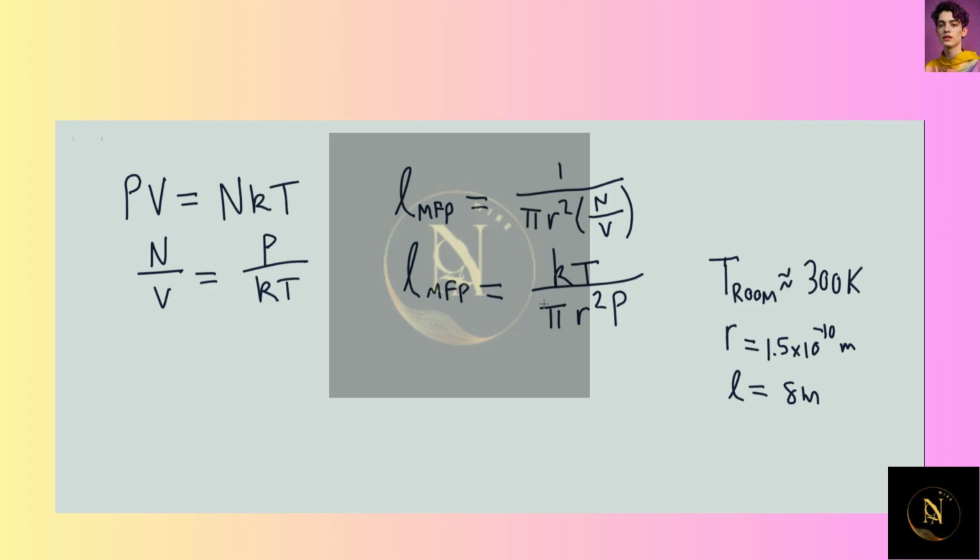Thus, we can isolate P to be kT over pi r squared, I keep saying pi squared, it's pi r squared, of course, times L. And we can plug in numbers. We have the Boltzmann constant, 1.38 times 10 to the negative 23 joules per Kelvin. I'm not going to include the units just to keep things a little bit cleaner.